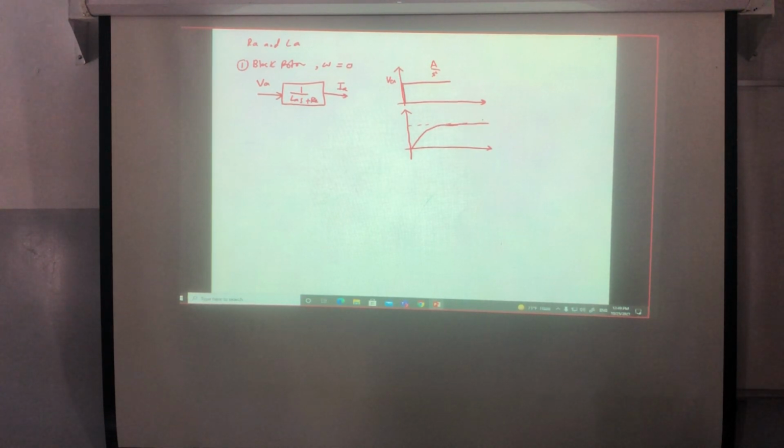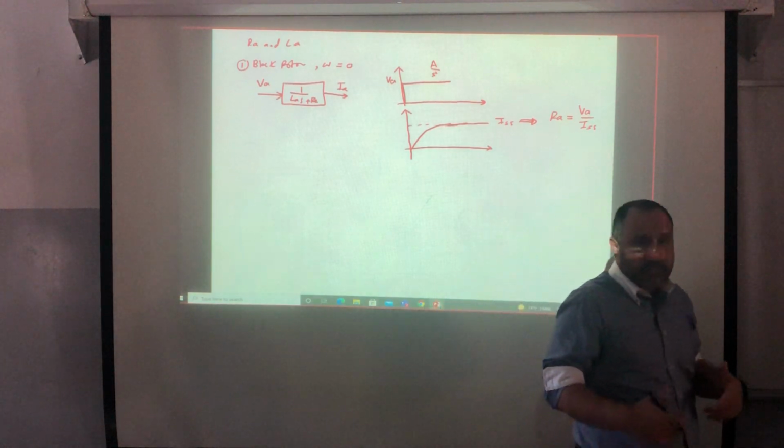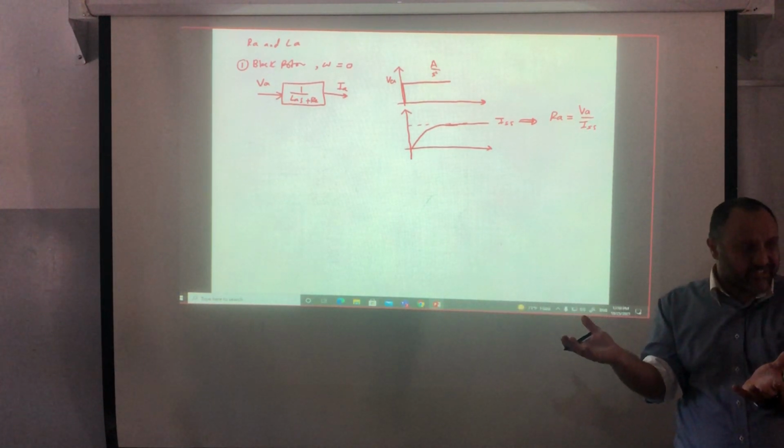This one is the I steady state. So from I steady state, what can I calculate? RA. So RA is equal to VA over I steady state. But this one already includes the brushes resistance. In the end of the day, I need the equivalent armature resistance.